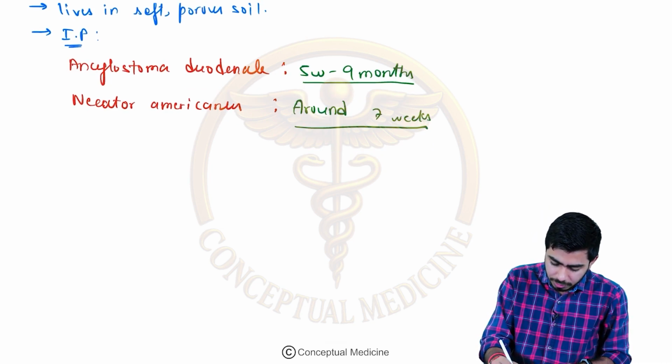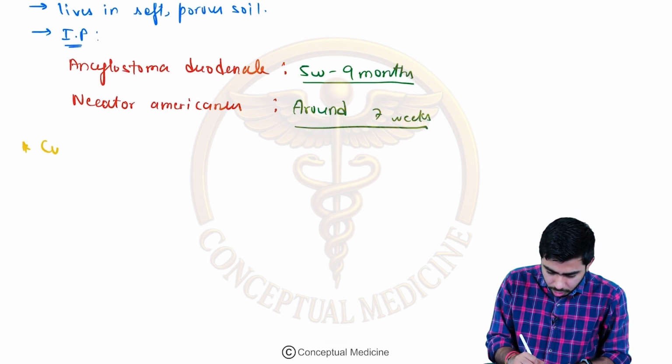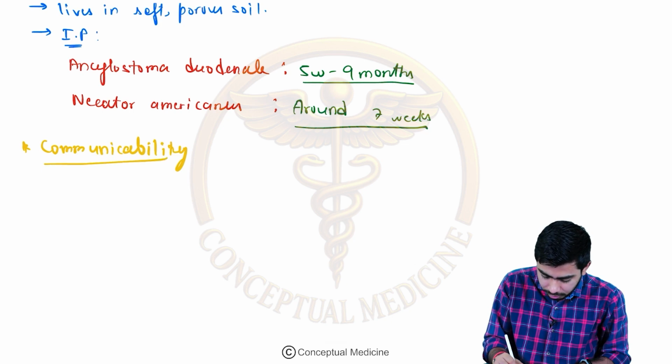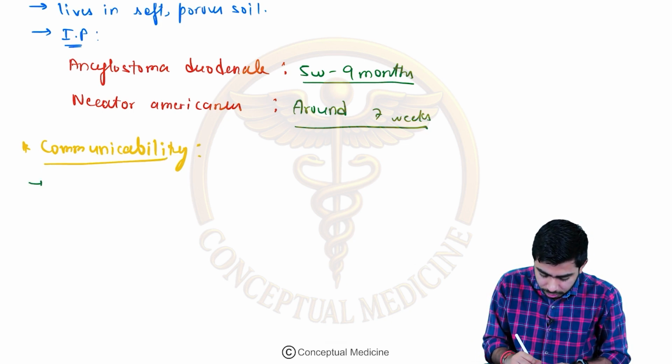What is the period of communicability? As long as the helminth, whether Ancylostoma duodenale or Necator americanus, is present in the stools of the patients, they will be liable for spreading the infection.